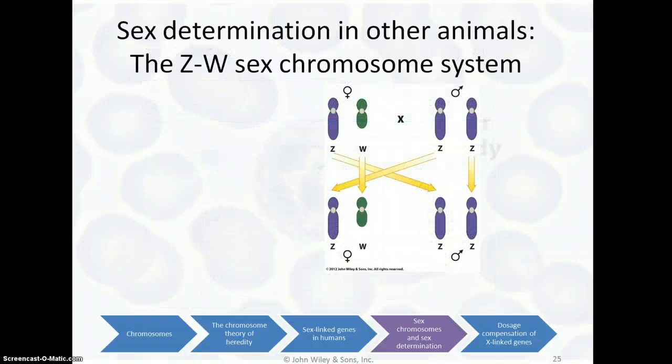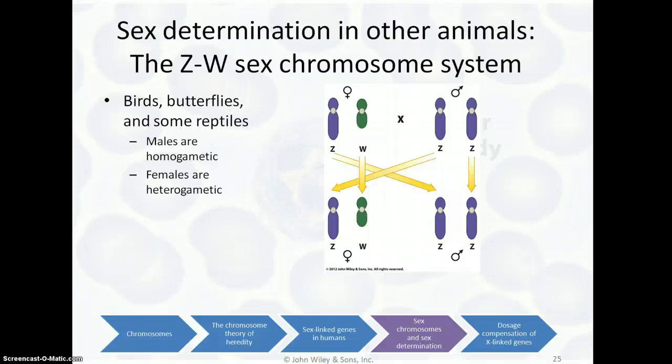Now, other animals have a system similar to humans or mammals, where there's an XY system. In some animals, the ZW system works similarly, but kind of different. This takes place in birds, butterflies, some reptiles. In this case, it's a little opposite.